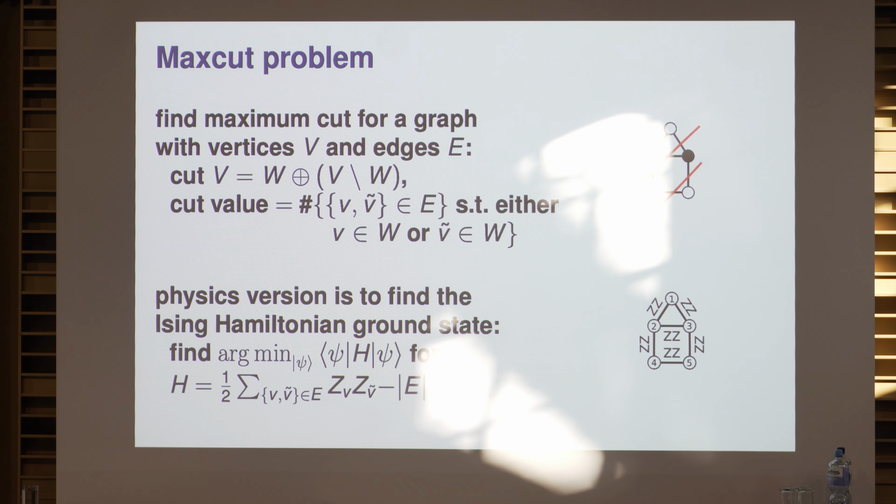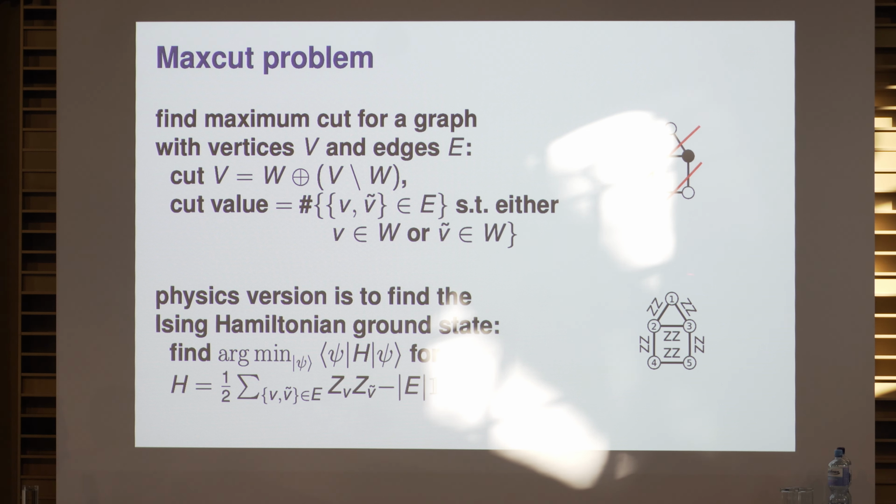And this seemingly simple problem is actually NP hard. I'm talking about the optimization version. But this problem is quite natural. The physics version of it is that we want to find the ground state of an Ising Hamiltonian. These problems are equivalent. This one is a maximization problem, this one is a minimization problem, but if you solve one, then you solve the other, and the other way around.